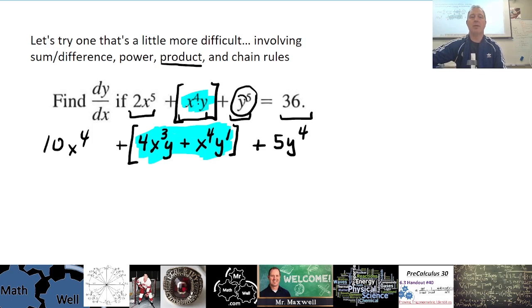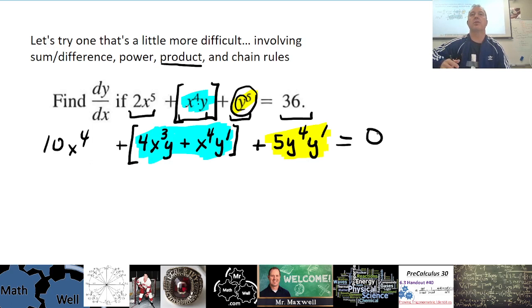The inside part is the y itself, so we need to multiply by y prime. Equals the derivative of a constant is 0. Okay, first step of implicit differentiation. How are we feeling about this one?